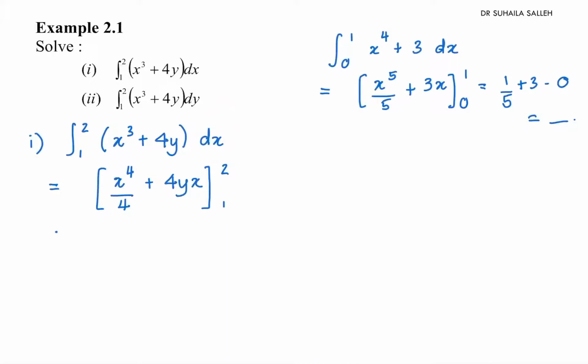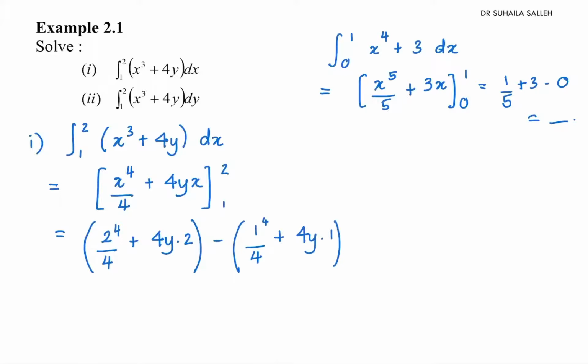Alright, so inserting that, now I have 2 to the power 4 over 4 plus 4y times 2, take away 1 to the power 4 over 4 plus 4y times 1.